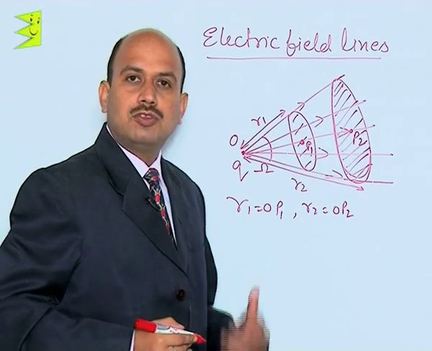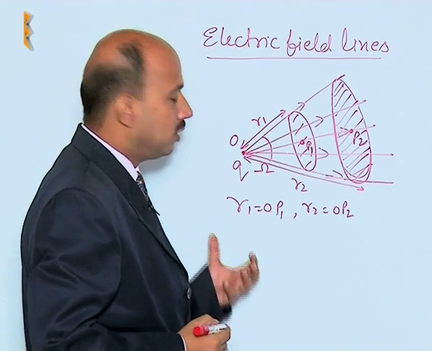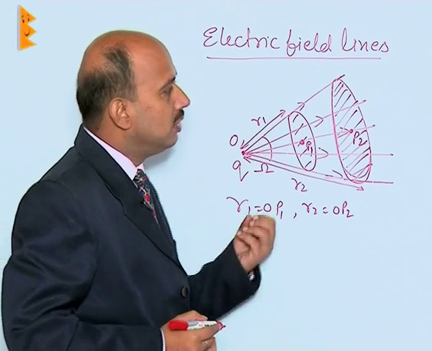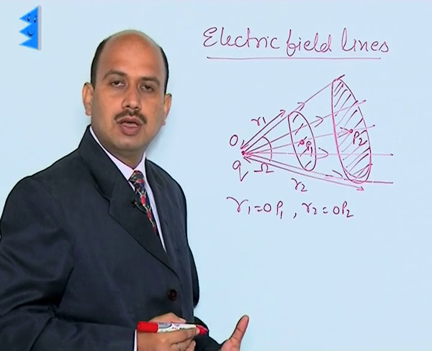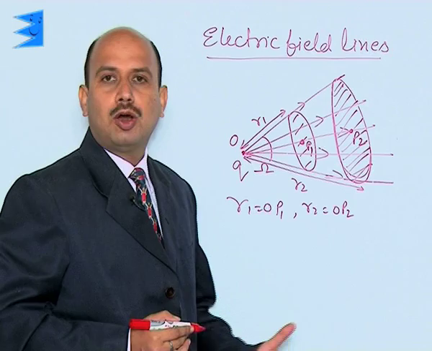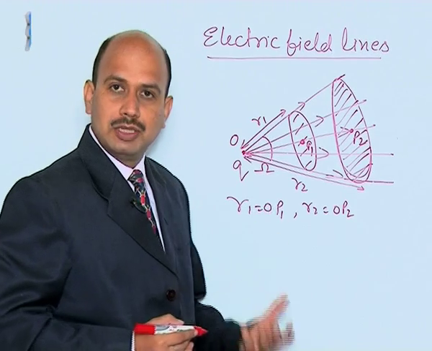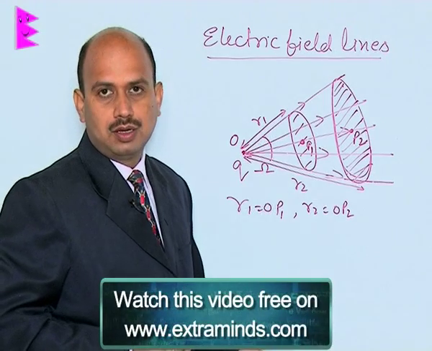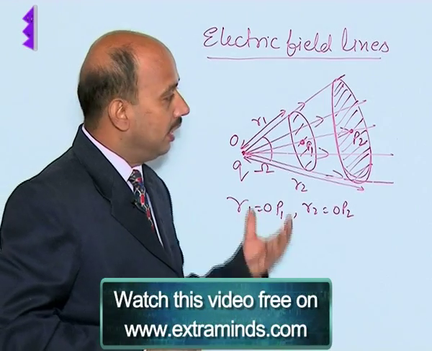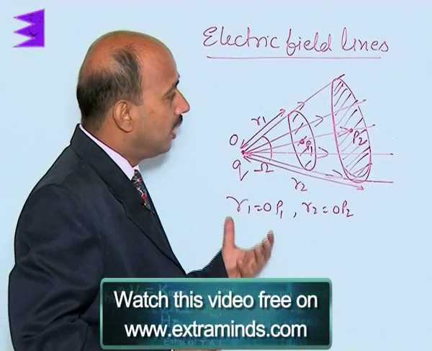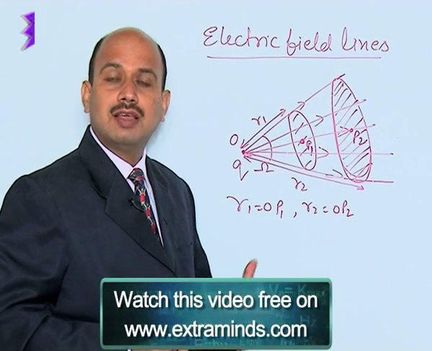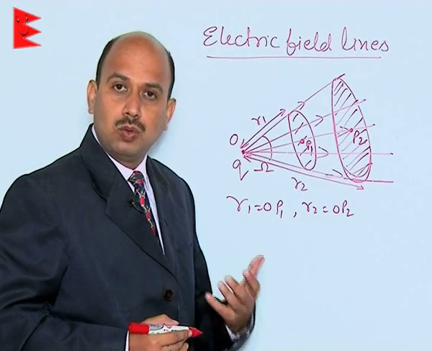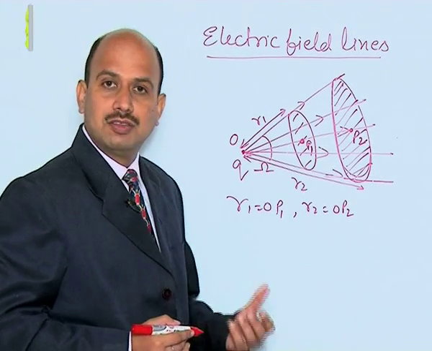Electric field lines are actually drawn in 3-dimensional space, so they have a 3-dimensional nature, but when we draw this diagram on the plane of the paper, that is in 2 dimensions, we consider electric field lines per unit area crossing through the given area. So here we consider electric field line density. Electric field lines per unit area is known as electric field intensity.